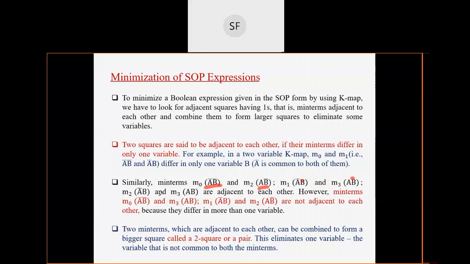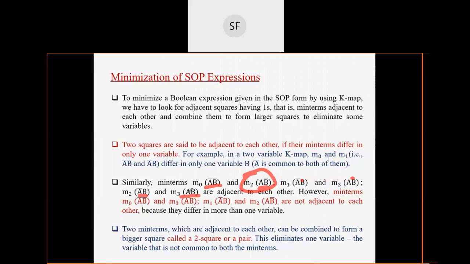Again, the example is M2 and M3, which are adjacent to each other, because M2 is denoted by A bar B. Sorry, this is wrong. It should be A B bar. Okay, don't worry, I will make the corresponding changes and forward the PPT to you. So M2 is A B bar and M3 is AB.